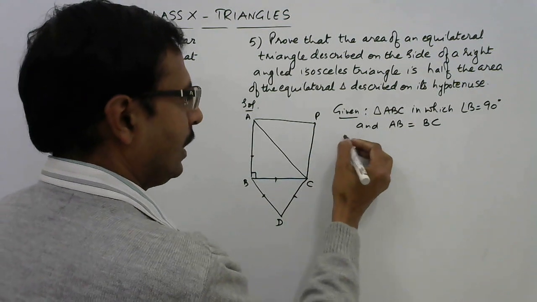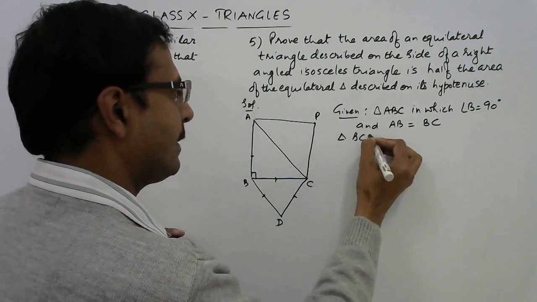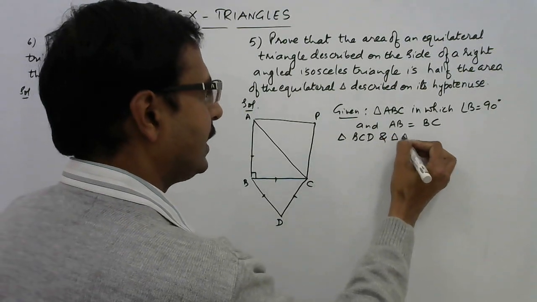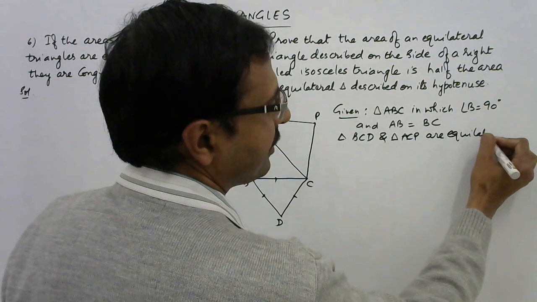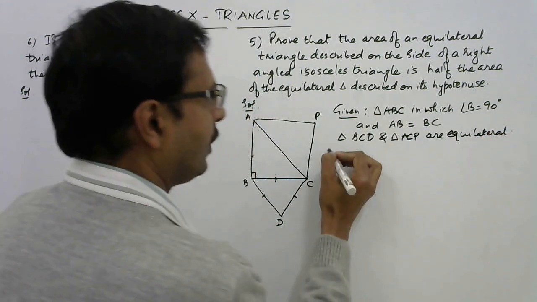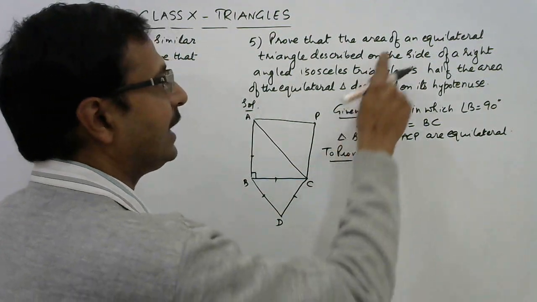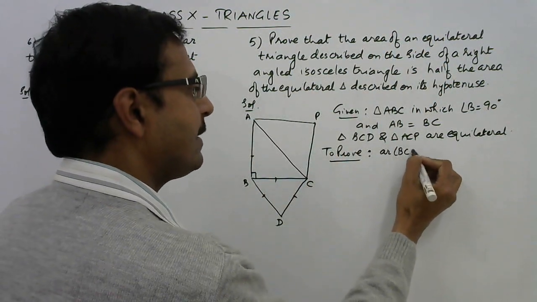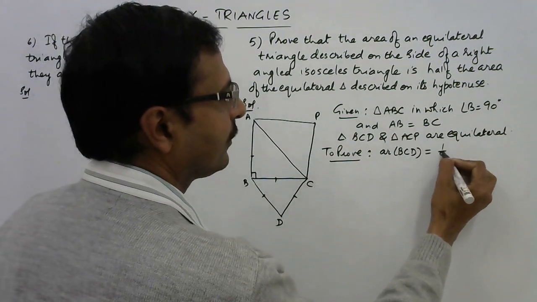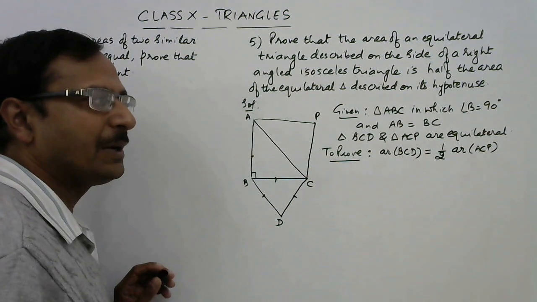Now these are the two isosceles triangles, triangle BCD and triangle ACP are equilateral. Everything is given in the question, and now what is to be proved? We need to prove that area of this triangle, area of BCD, is half of the area of ACP. Now this is to be proved.